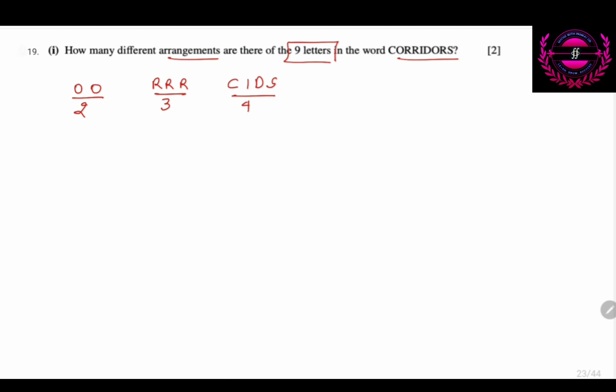So total letters are 9. How many different arrangements are possible? Therefore, total arrangements are 9 factorial divided by 2 factorial into 3 factorial. Let's move to the next question.